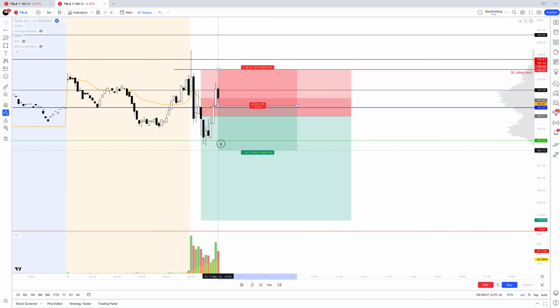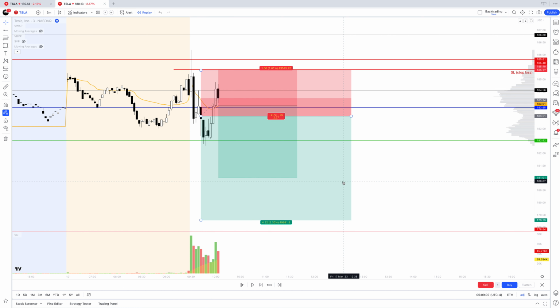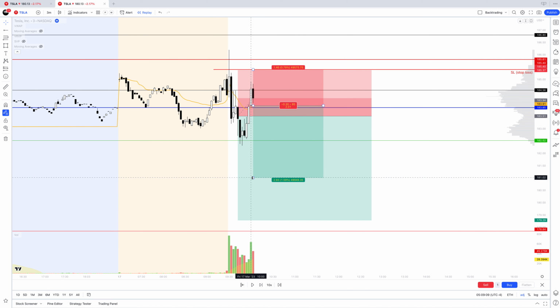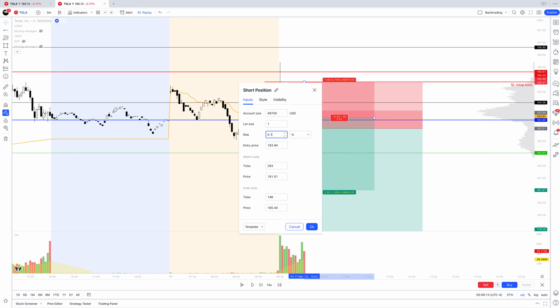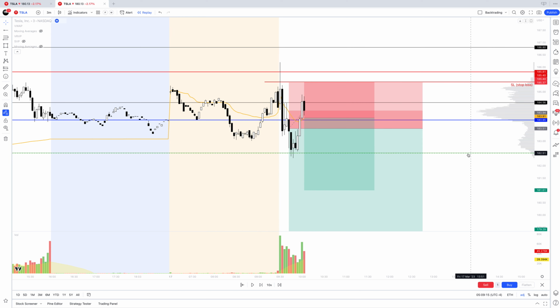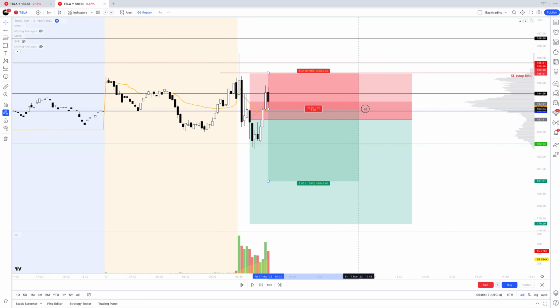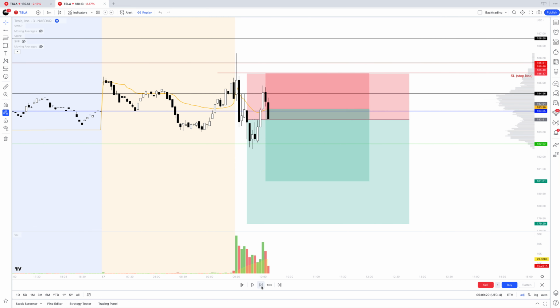And yeah, target somewhere down here. I don't really care where, probably at 181 or 182 maybe. But on this one, obviously, I'm going to be risking that amount. So let's see if we get filled. Okay, we get filled.